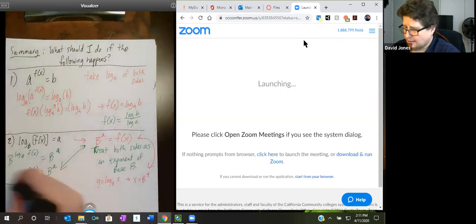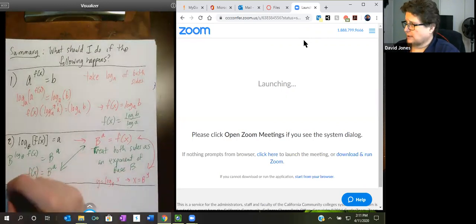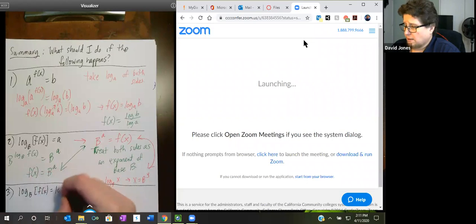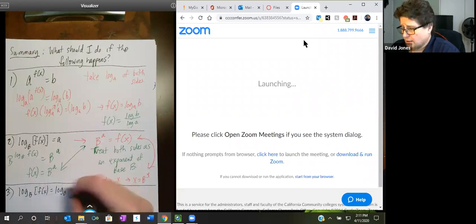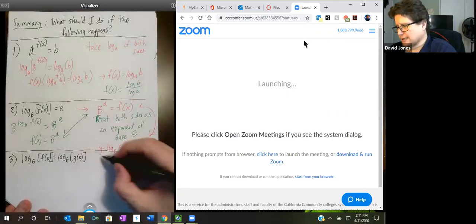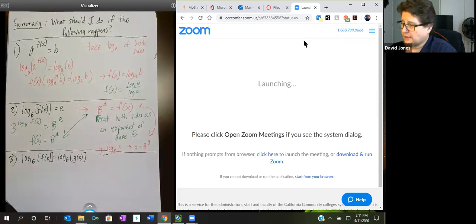Finally, if we start off with 2 logs, we treat both sides as exponents of b.